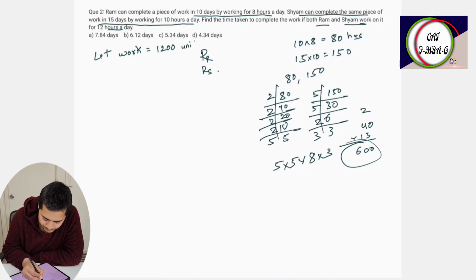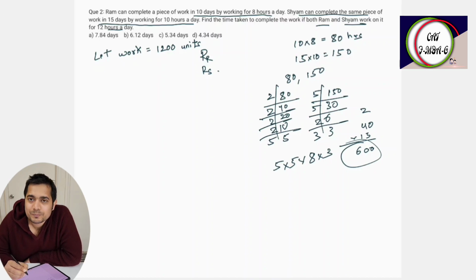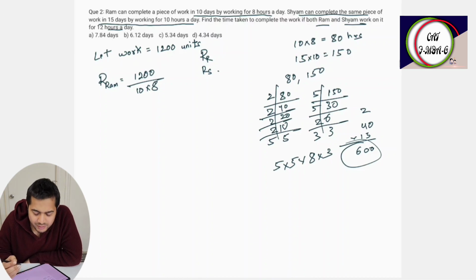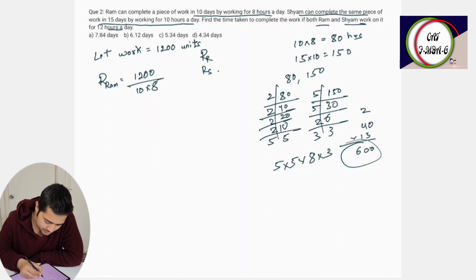So let the work be equal to 1200 units. Okay, simple. So the rate of Ram is equal to 1200 divided by 10 into 8, because he works for 10 days working 8 hours a day, which is 1200 by 80, equal to 15.